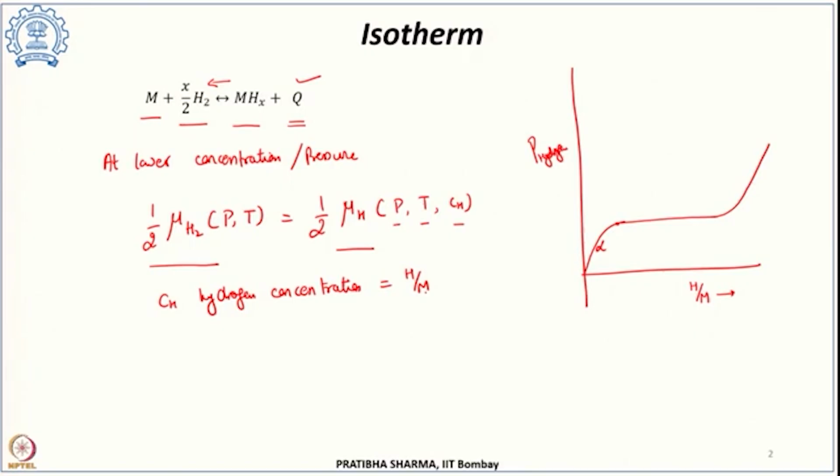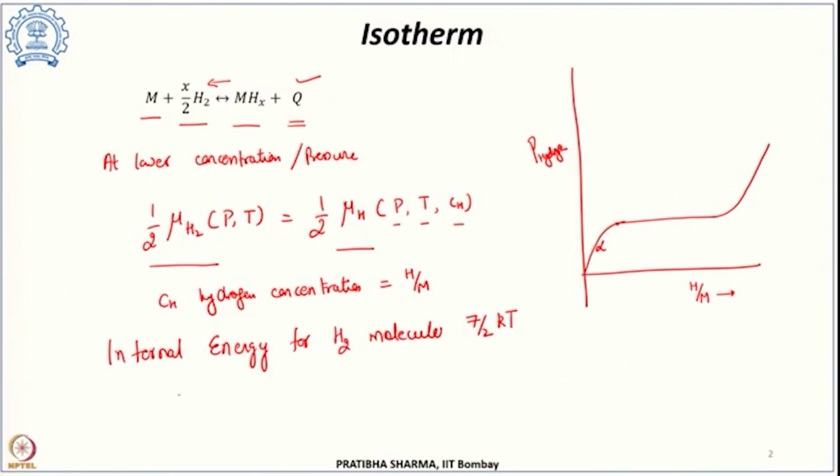Now, in the low concentration region, when the gas and this phase mu H are in equilibrium, the internal energy, if we consider it for the hydrogen molecule, is 7 by 2 kT.